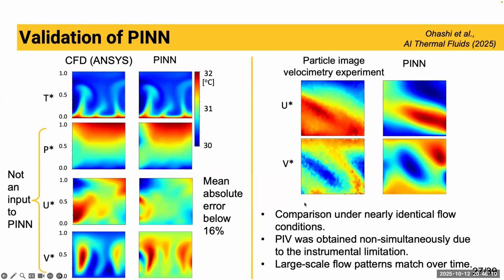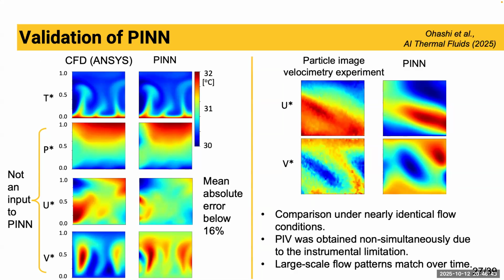And for many people, naturally they can have questions about the validity of our inference. So does our PIN really infer correctly? To answer the question, we compared our PIN prediction against the CFD prediction. Unfortunately, our lab doesn't have an experimental setup that can simultaneously measure temperature, velocity, and pressure fields.